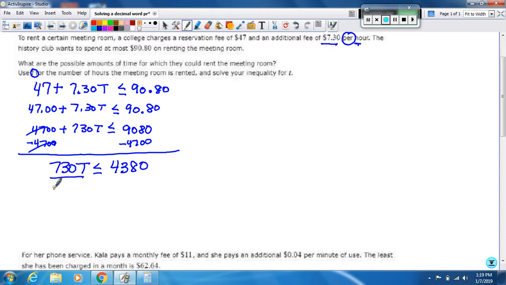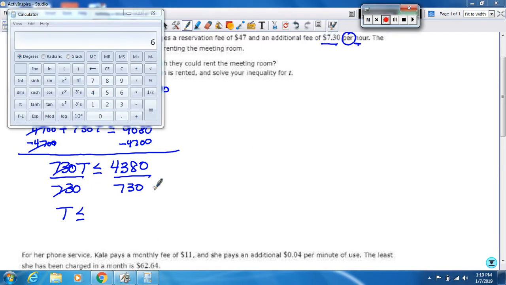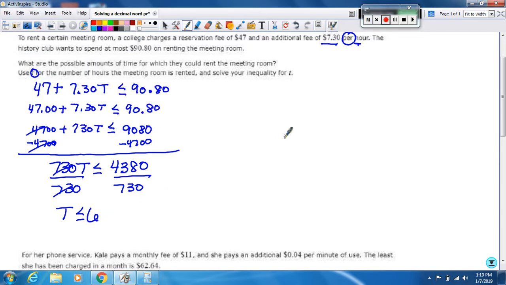I divide both sides by 730. Top cancels with bottom. T is less than or equal to 6. Okay, so what are the possible amounts of time for which they could rent the meeting room? They can rent it for 6 hours or less.